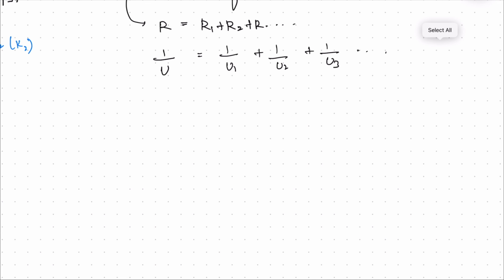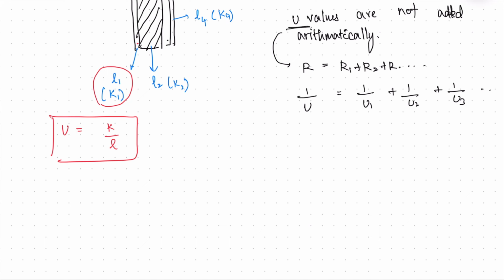We know the formula of U can be written as K by L. But if you find the K by L of this particular layer, it won't be the U value of that material. You'll call it the thermal conductance of that material. So you won't call it the thermal transmittance of that layer. You'll call it the thermal conductance.